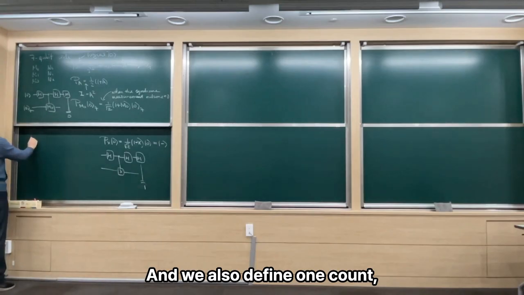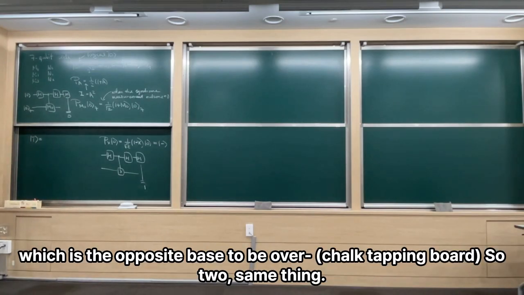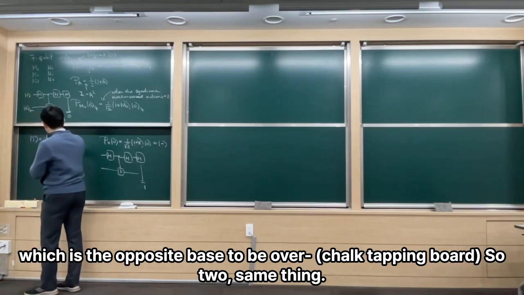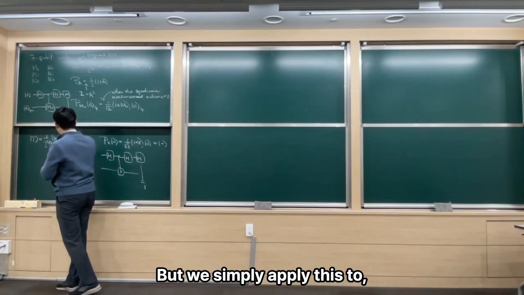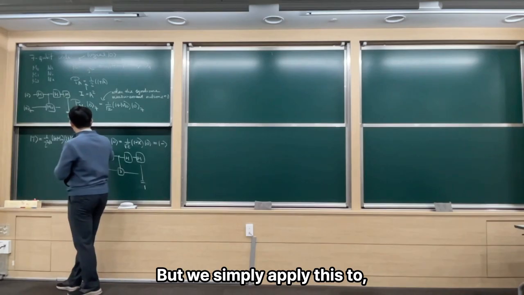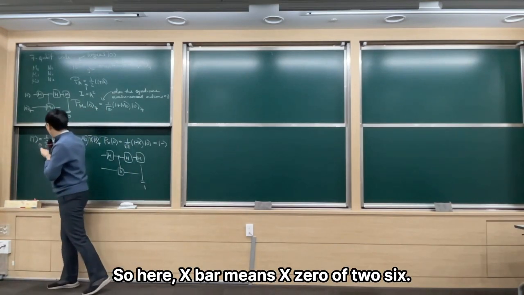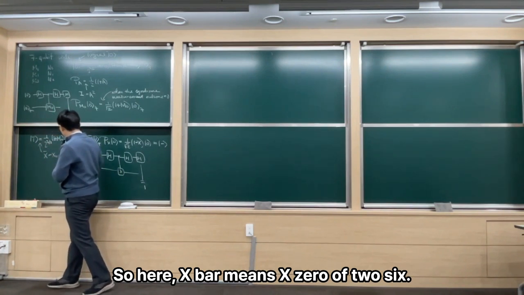We also define 1 ket, which is the opposite basis, to be 1 over √2 times the same thing, but we simply apply X bar to 1, 1, 1, 1. Here X bar means X0 up to X6.